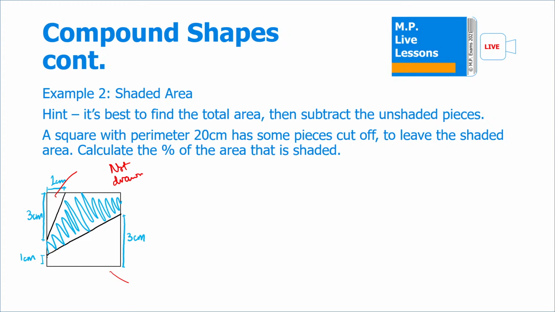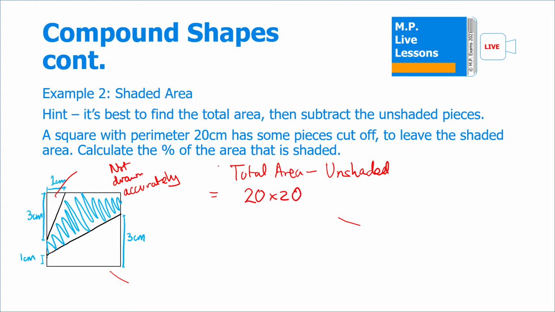It's there to kind of visualize instead. And what we'll do is the total area, take away the unshaded. So this would be 20 times 20, because it's a square, and we'll take off the unshaded, which is this little trapezium here.